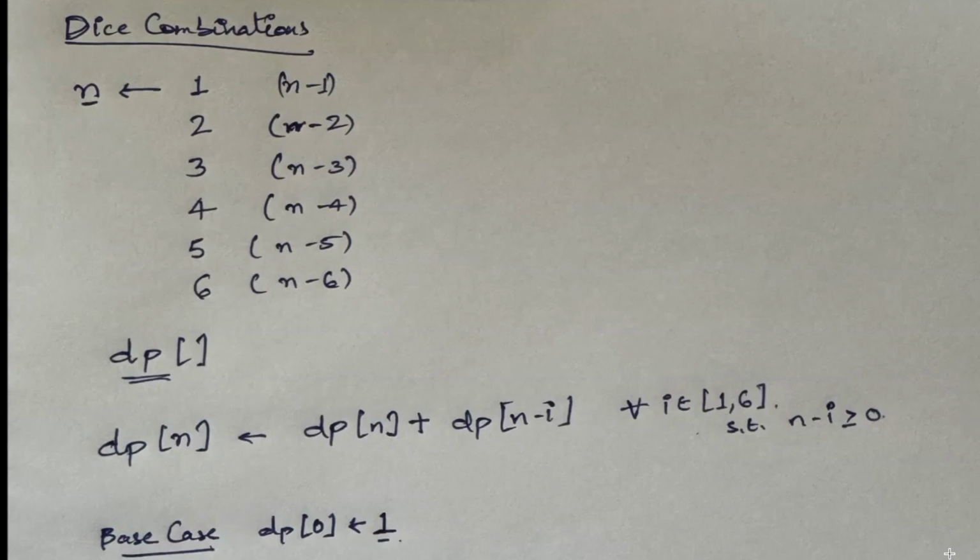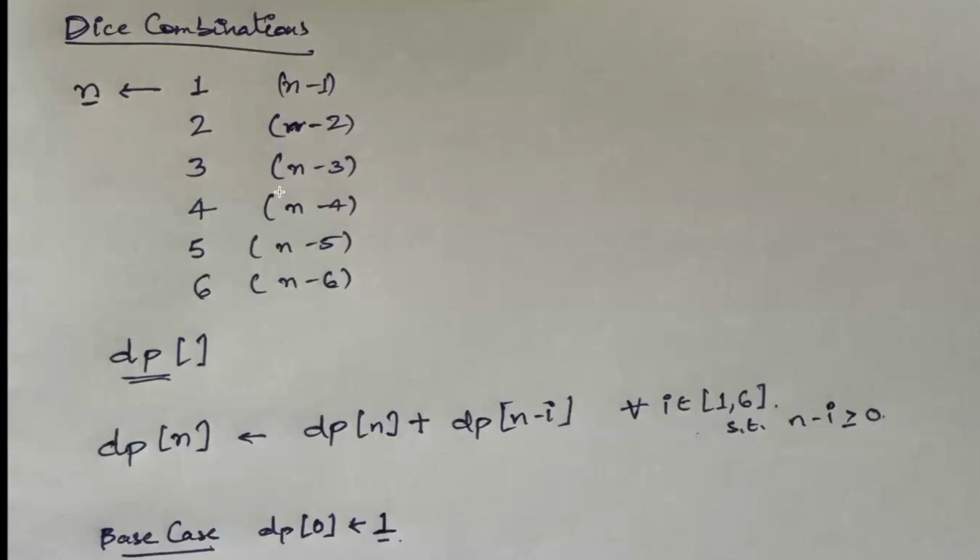Let's break down the problem into simpler parts. Consider you threw a dice and you got any number. Since it's a standard dice, the numbers are between 1 to 6. So let's suppose you got 1. Now, if you could get n minus 1 more, the problem would have been solved.